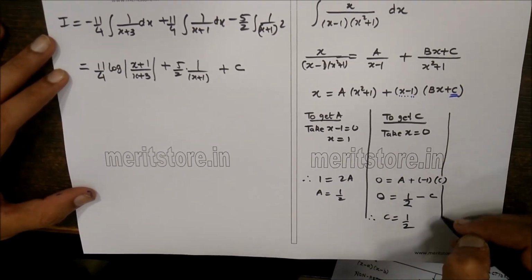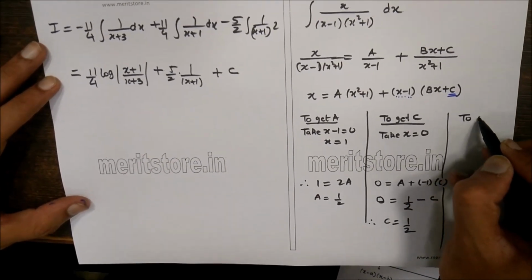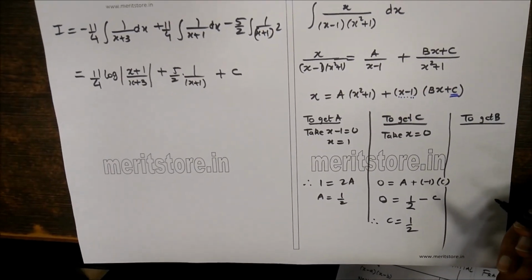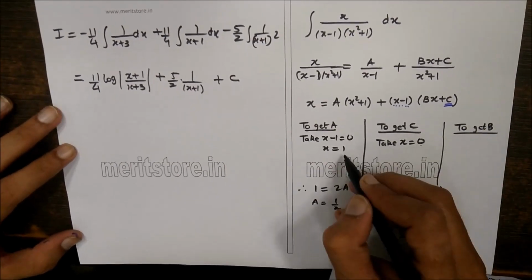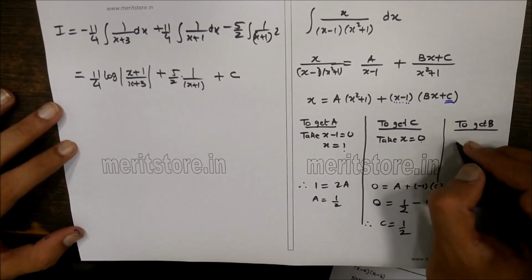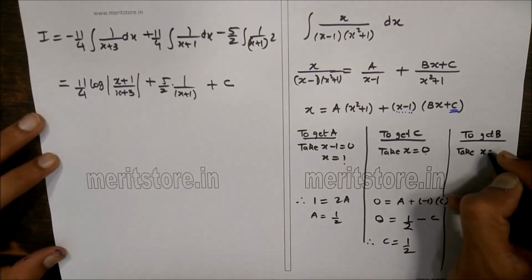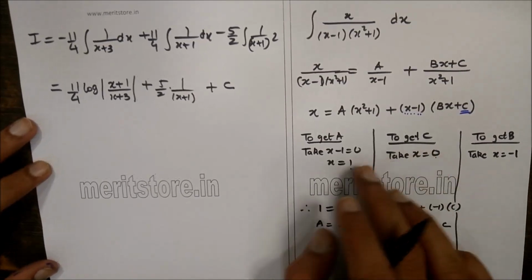Now finally we are going to find the value of b. To get b, we are going to take any value of x other than 0 and 1. Say I take a random value as x equal to minus 1. Please note it should be a value other than these two.